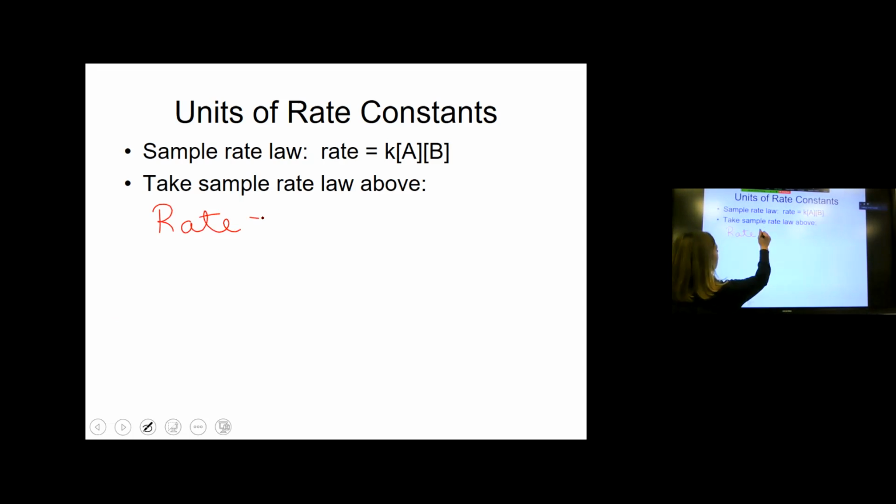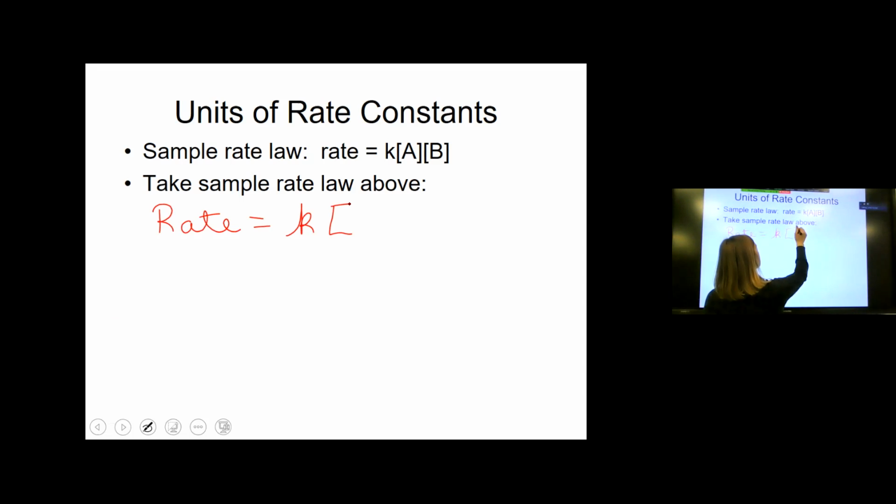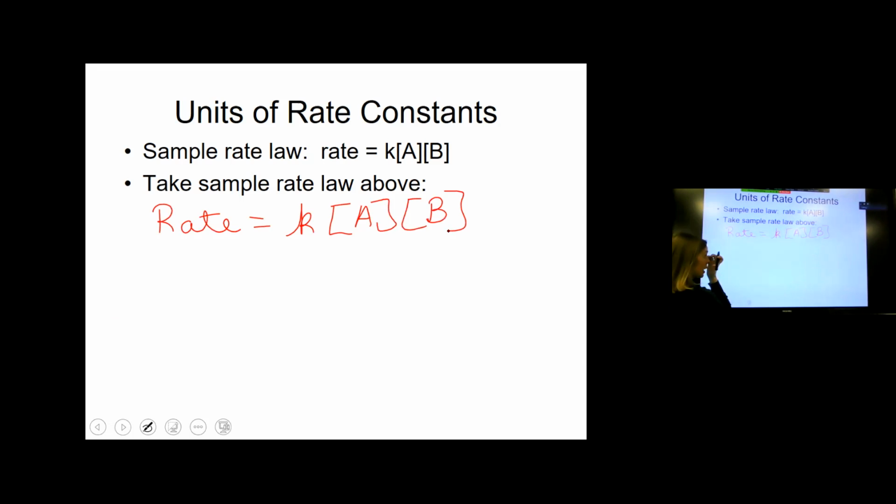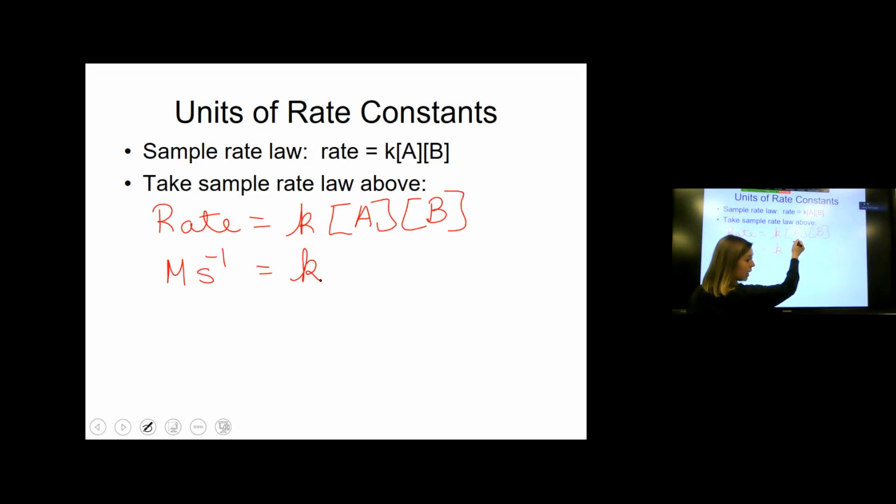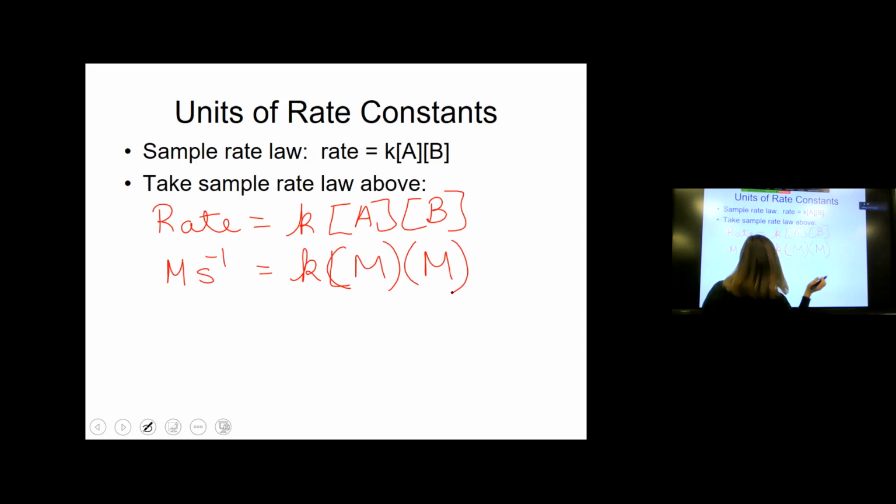So let's just rewrite our rate law. Let's say that rate has to be molarity per second. We're looking for the units of K. A is concentration of A, so that's going to be molarity. B is also going to be molarity.